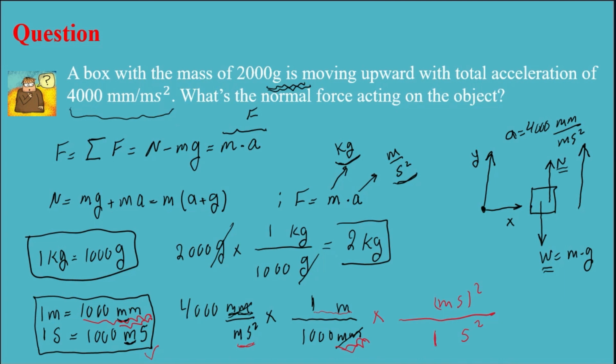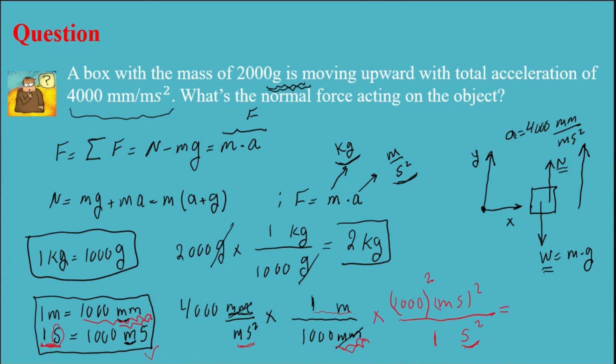So 1 second, look at here, 1 second is equal to 1000 milliseconds, right? There is a trick here. Remember, this unit is squared, but what I have here is just the second, so the square must be applied here. So that's going to be a square of that, correct?